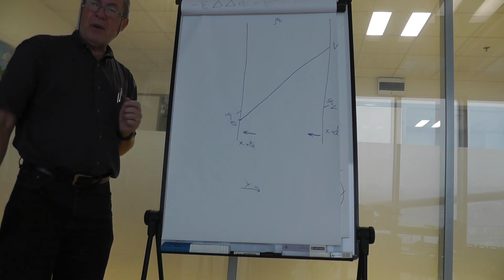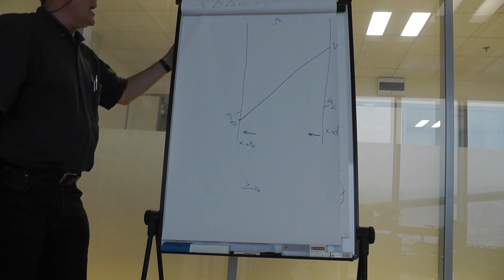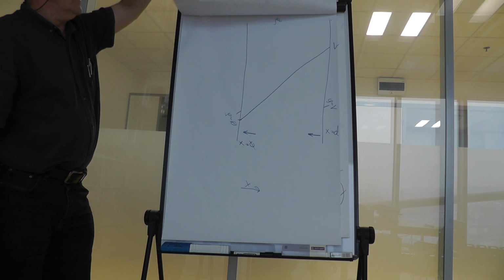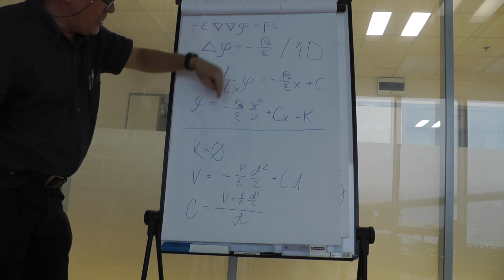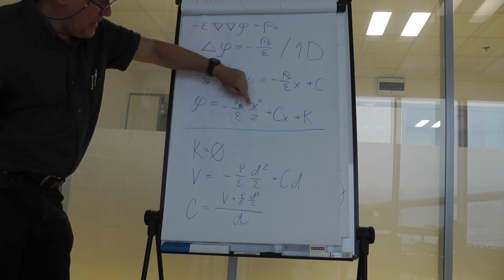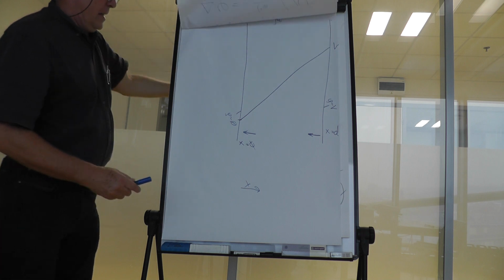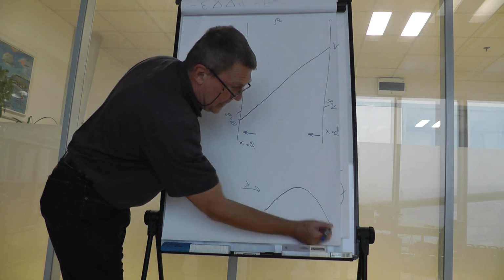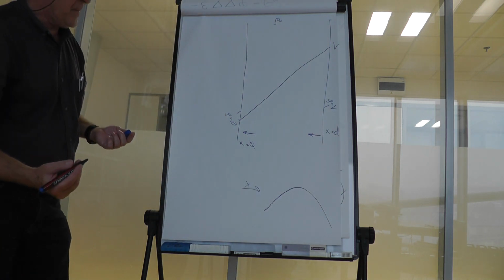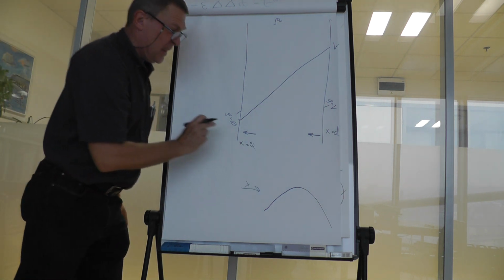Now what if there is a small charge density? Well, just remember, we had there the equation, and there is something like minus x squared. So if we have the function minus x squared, the function by itself looks like that, with the top at x equal to 0.